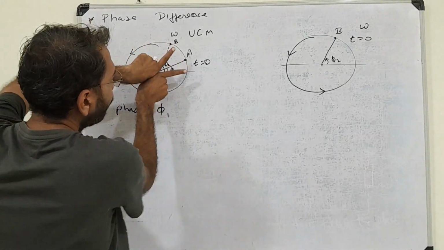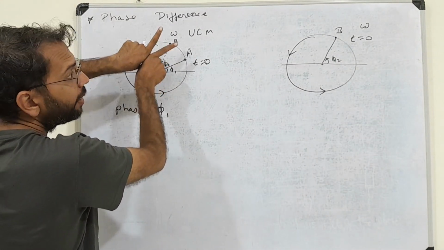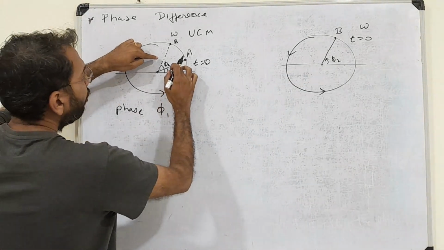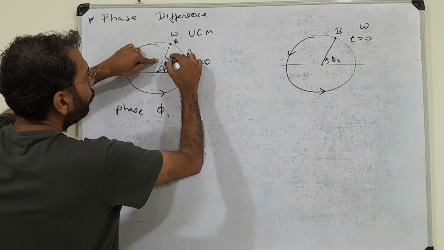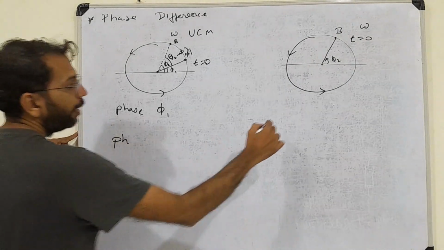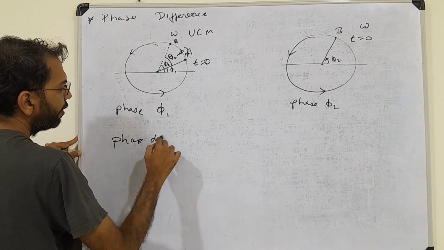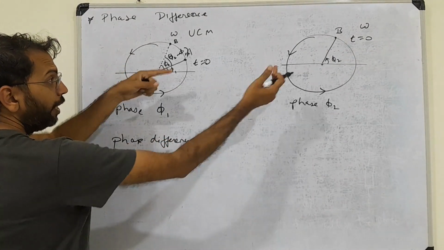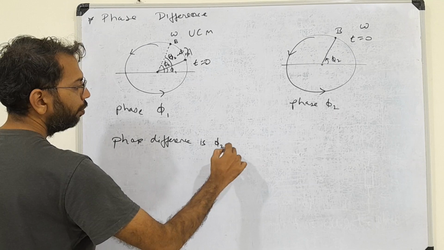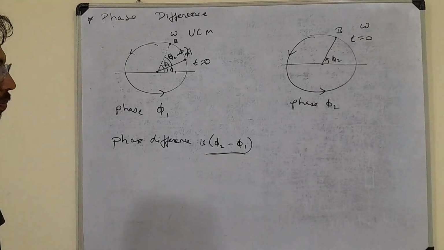And this angle between the two is basically the phase difference between these two motions. So the phase difference over here will be phi 2 minus phi 1. So the phase difference for these two uniform circular motions is phi 2 minus phi 1. So this is what we mean by phase difference.